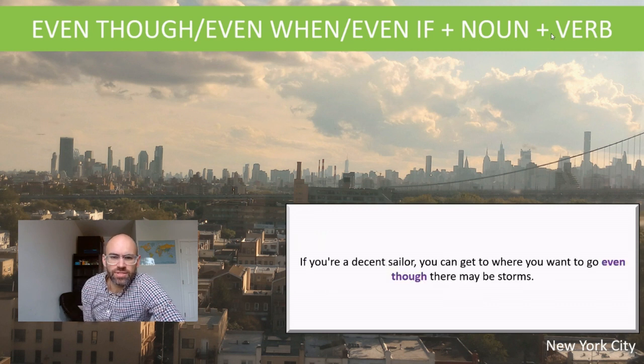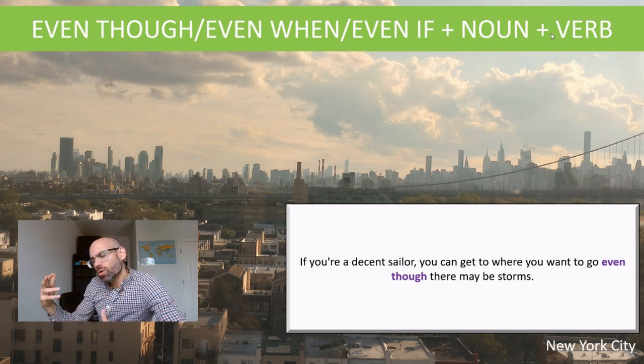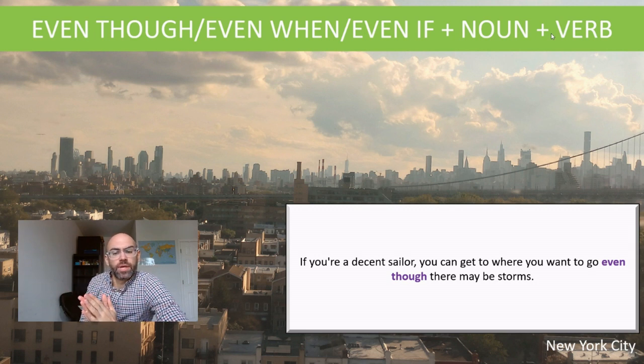And then the second one says, if you're a decent sailor, you can get to where you want to go, even though there may be storms. And so here we are saying that if you know how to sail, you can get to your destination despite the fact that there may be storms.